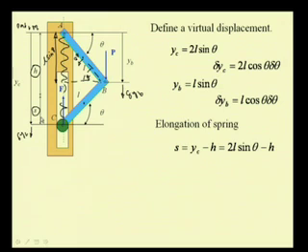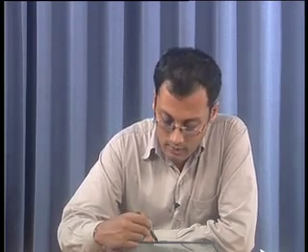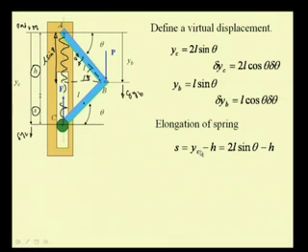Now, let us see what will be the elongation of this spring, that is this distance S for this particular configuration. We know that S is equal to YC minus H, the unstretched length of the spring. So, S is equal to YC minus H, and YC has been found to be 2L sin theta.